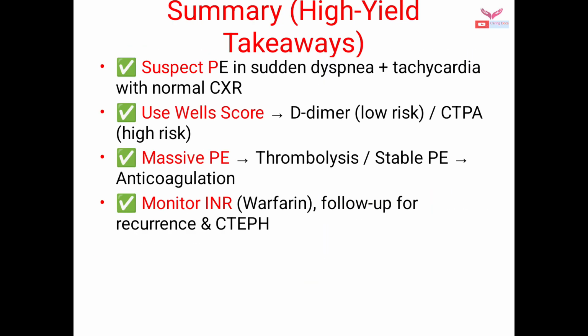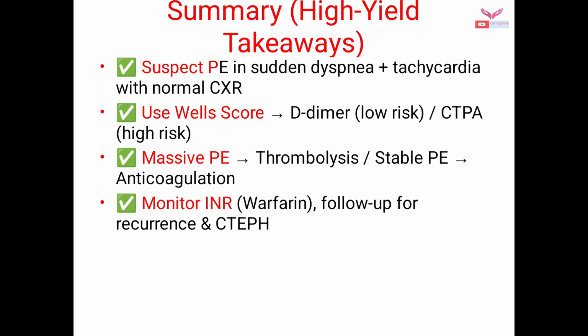Just to summarize, whenever a patient comes to us with sudden dyspnea and tachycardia with a normal X-ray, we should always suspect pulmonary embolism. We should do the risk stratification by using the Wells score. And if the Wells score is supportive, we should do D-dimer for low risk patients, CTPA for high risk patients.